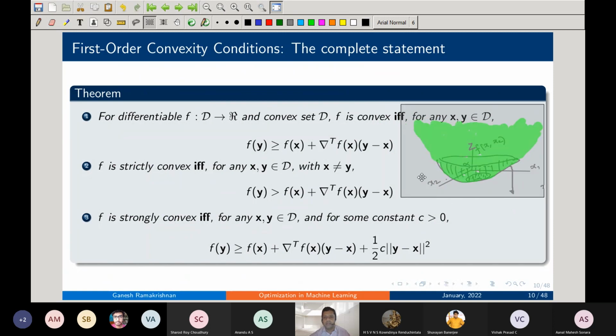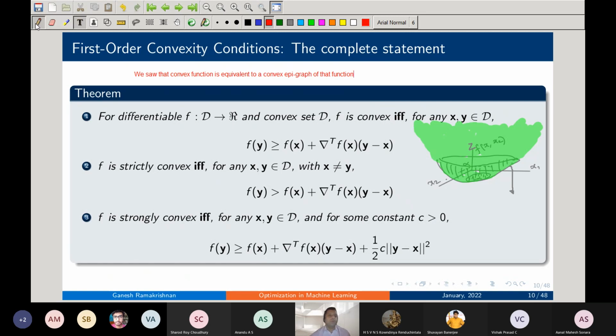Hopefully this is clear now. What we are saying is, a convex function is the same as a convex epigraph, right? So let's try and give that interpretation from the word go. We saw that a convex function is equivalent to a convex epigraph of that function.